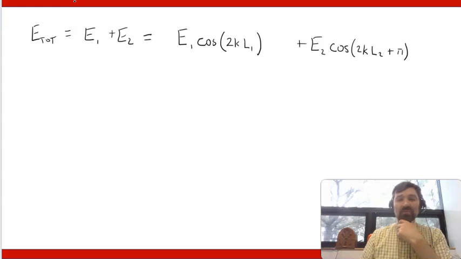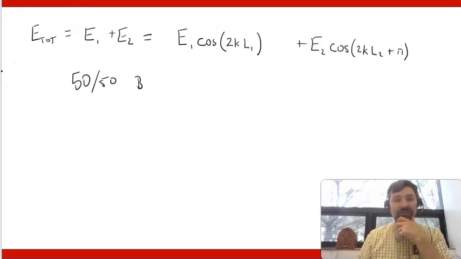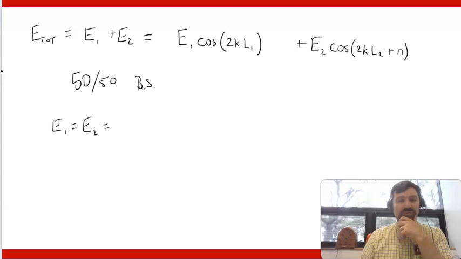Now E1 and E2 are equal to each other for a 50-50 beam splitter. They're both 1 over root 2 times the incident E. So for 50-50, E1 equals E2 equals 1 over square root 2 of E incident.